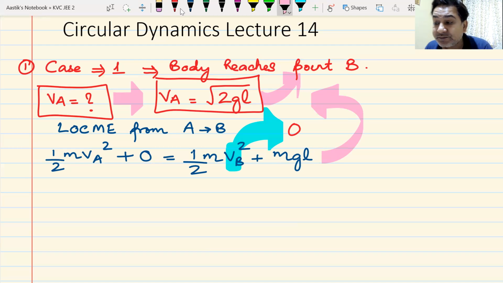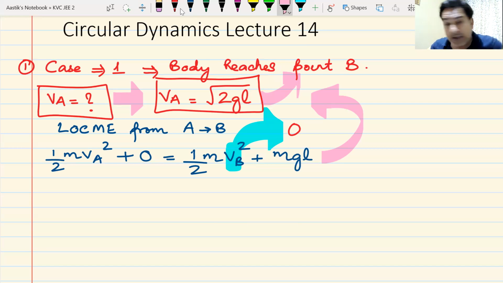It will be root over 2gl. So with this velocity, if I push this body with root over 2gl, whether it is a body attached to a string or a body kept on the inner surface of a circular thing, it will just reach point B. Am I clear?